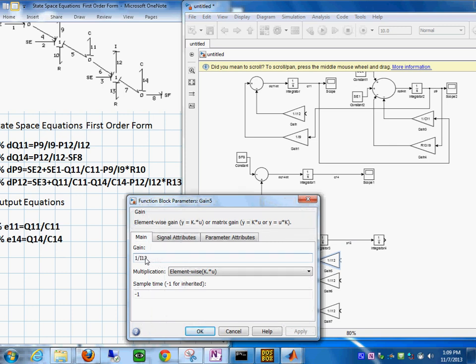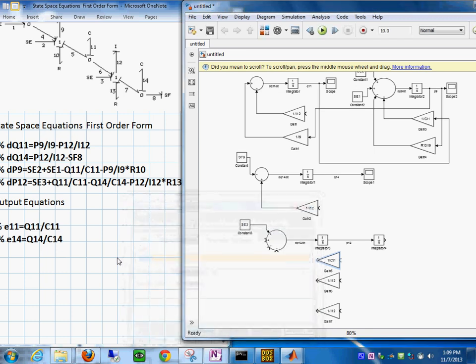So the 1 over C11, this one comes from Q11, which is this one. So we are going to have this.